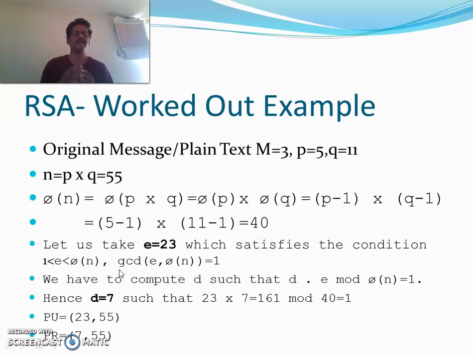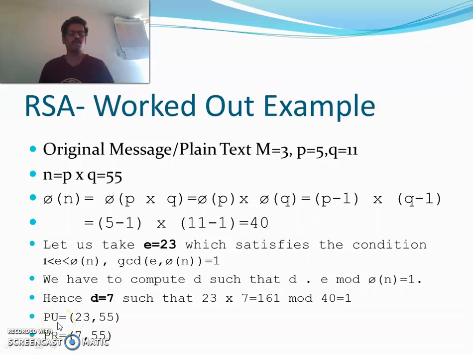That is, when we multiply D with E and perform modulo 40, it should leave remainder 1. Based on this, D equal to 7. When 7 is multiplied with 23 we get 161, and modulo 40 leaves remainder 1. So D is 7.